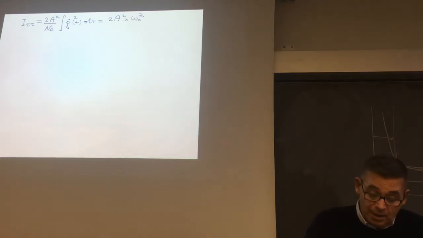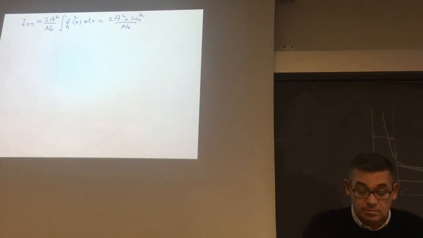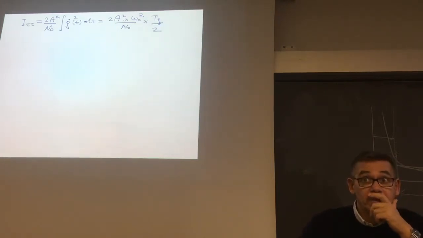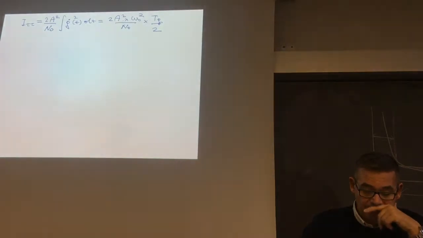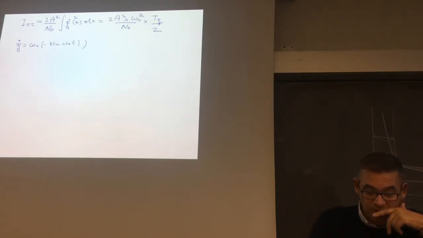Then it is n0, and then it's the period divided by 2 times the period of the waveform, so it's Tg divided by 2. Okay? Where omega 0 g prime is equal to omega 0 minus sine omega 0 t.